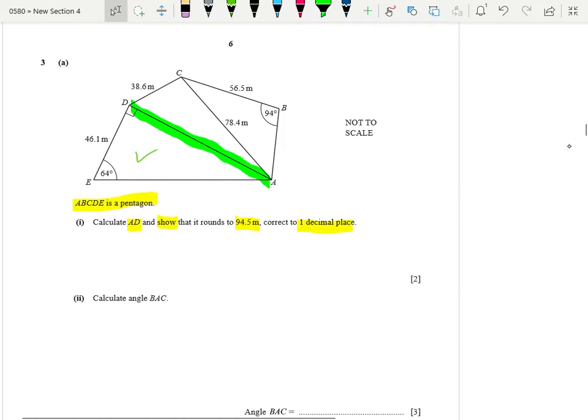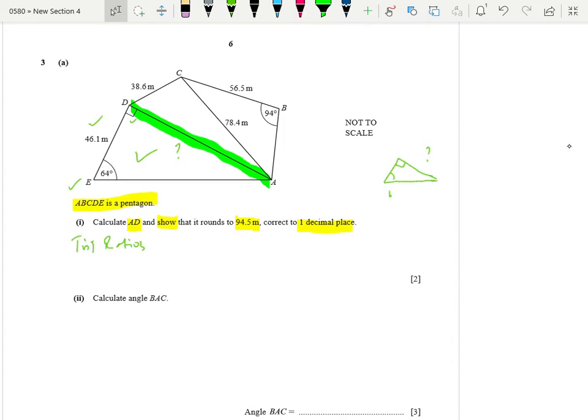Because I have an angle, I have a side, and I have a right angle as an eligibility. So I can put the trigonometric ratios I'm going to use, right? So let me decide which one I'm going to use. Since I have got 64 degrees and the side opposite to 64 degrees, I'm going to find, right?